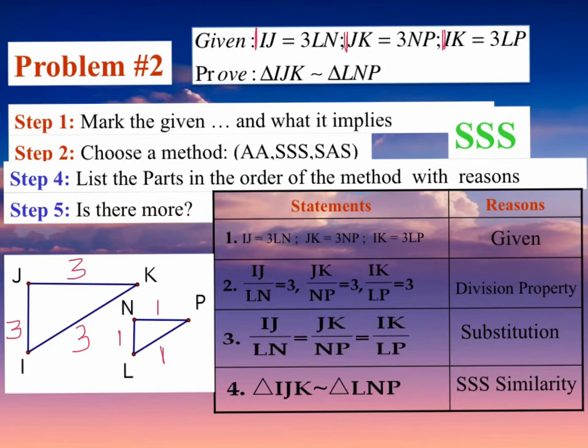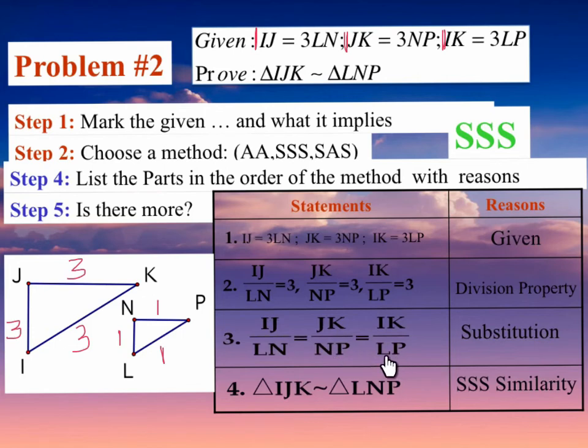Then if we divide both sides by LN for this expression, if we divide both sides by NP for this expression, and if you divide both sides by LP for this expression, we can see that each ratio is going to equal 3. And that's by the division property. Then by substitution, I can just take out the 3's and set these 3 ratios equal to each other.